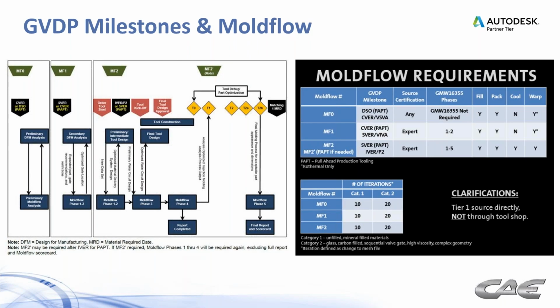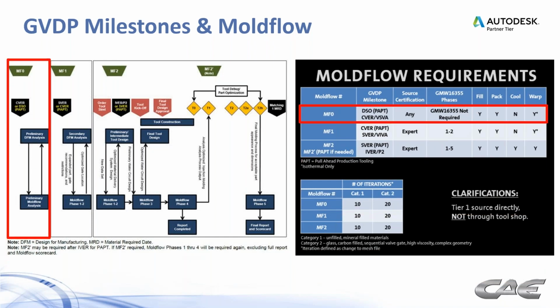So GM's global vehicle development process has certain milestones that align with Moldflow, and that's what these charts explain. And I'll kind of highlight some things here. So we have MF0, which really isn't included in the GMW 16355 standard, but this is done at the Seaver stage, as you can see here.